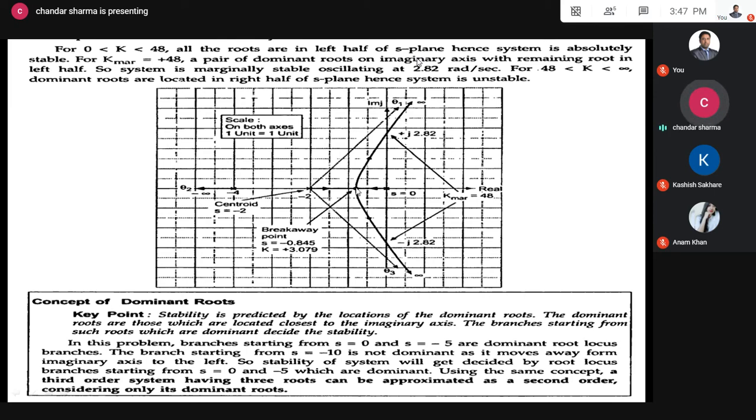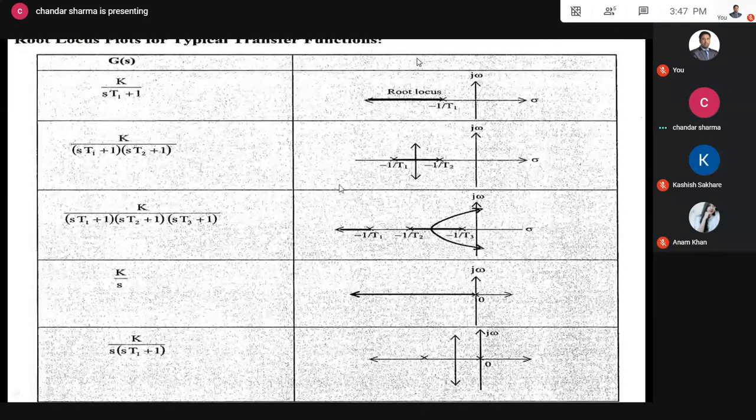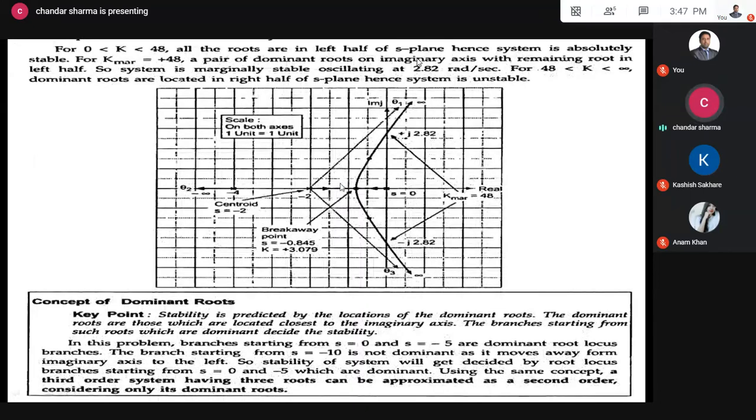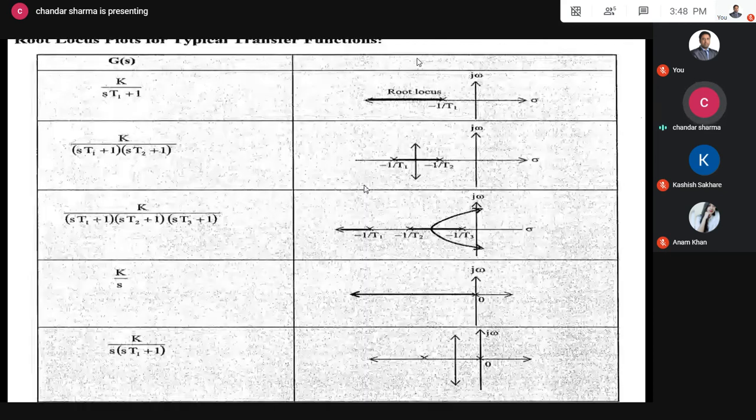Zeta equals 1 here, so the system is critically damped. So this is all about stability, which is predicted by the location of the dominant roots. The dominant roots are those located closest to the imaginary axis. The branches starting from such dominant roots decide the stability. So you can find the stability by using root locus also.